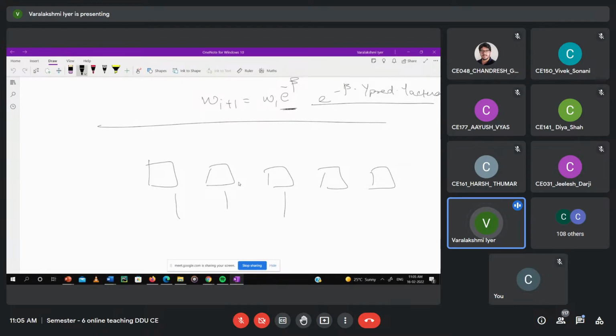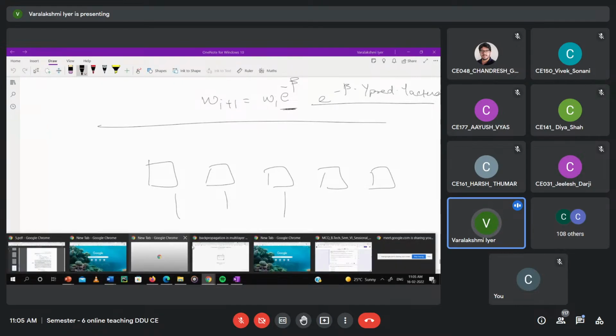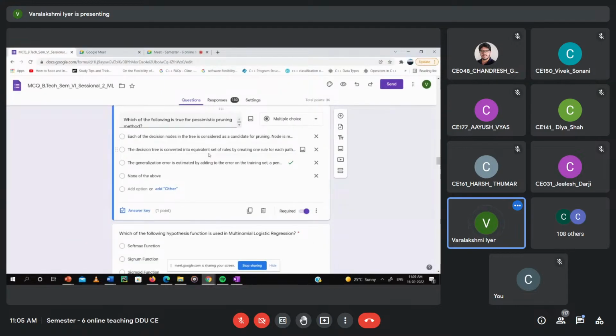So we'll be adding a penalty term. So here option 3 is correct based on what is given to us, right? Each decision tree is constructed as a candidate for pruning. I suppose the first two are based on reduced error pruning and rule-based pruning, right? So the third one is correct about pessimistic pruning, right?